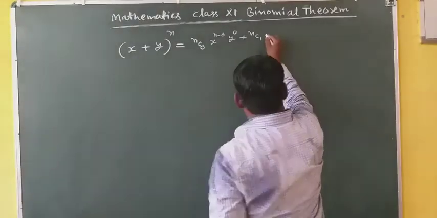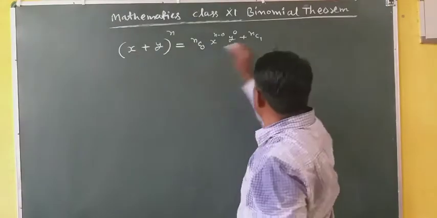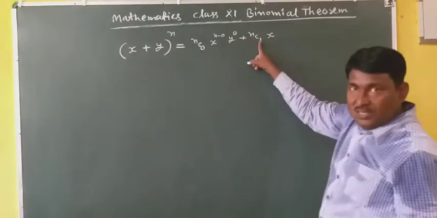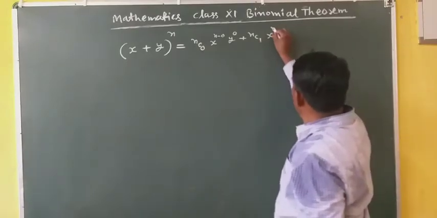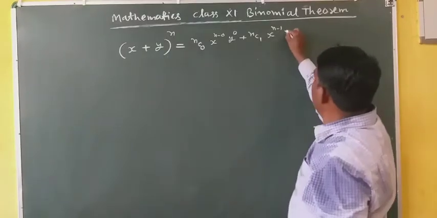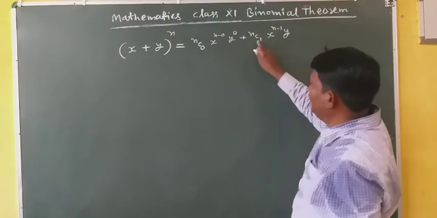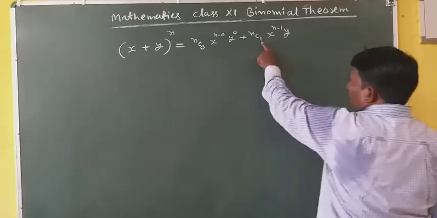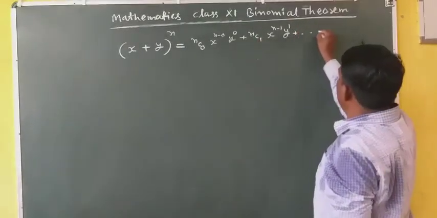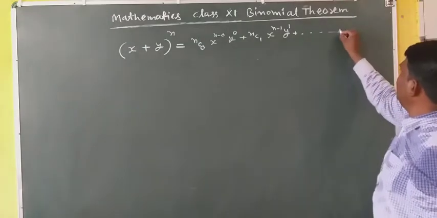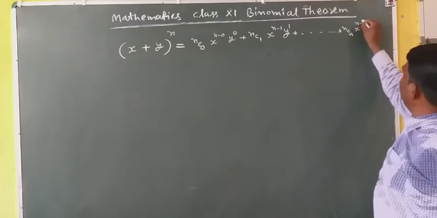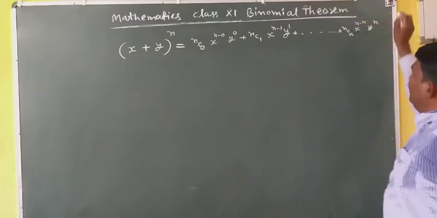The first term will have index n minus 0, then n minus 1, and the second term y will have power whatever is in the suffix of C. So this one plus and so on. In the last, nCn x power n minus n and y power n.